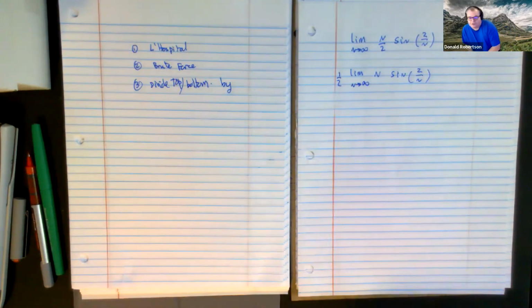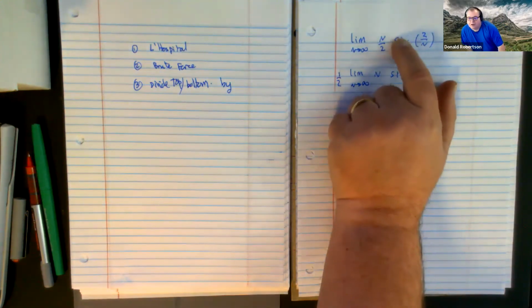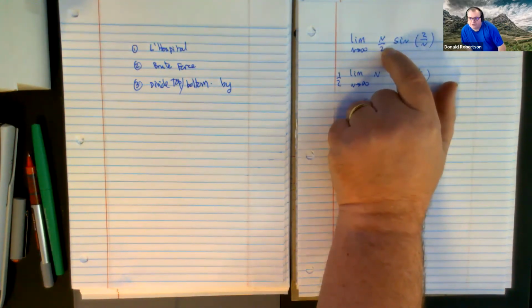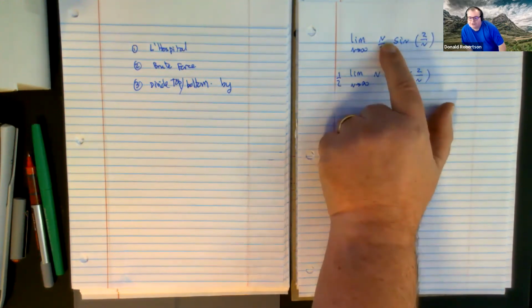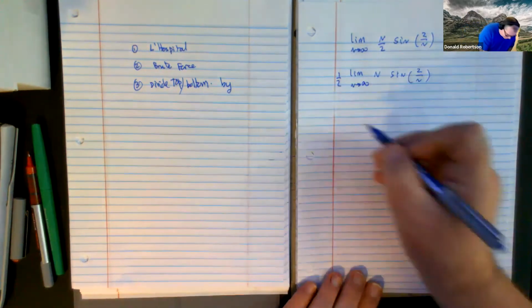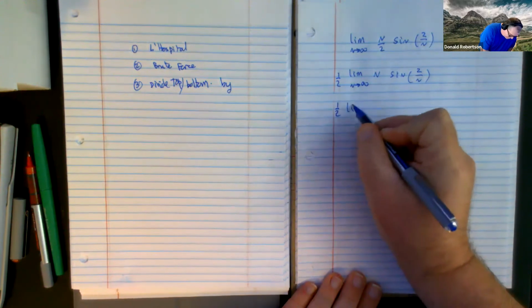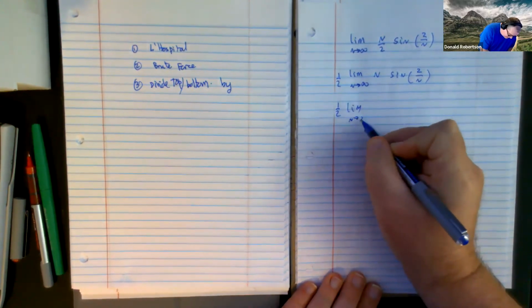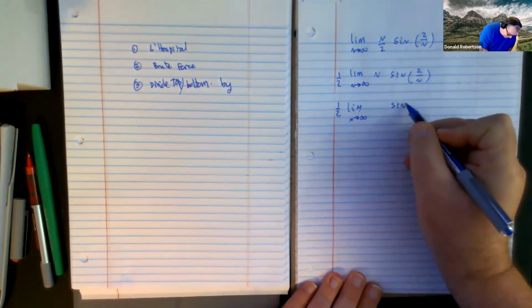First thing I'm doing is just tidying up. This n over 2, isn't that another way of saying a half n? And since it's a constant, can't I just pull it out to the side and get rid of it? And now I'm going to do the sneaky one.